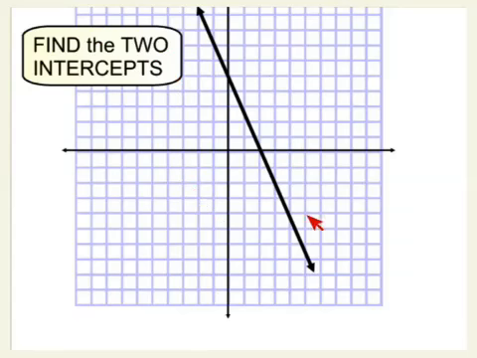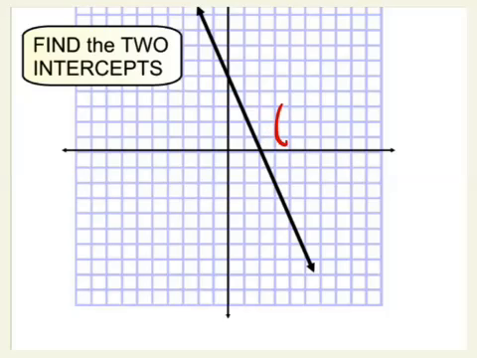Here we see a screen with a grid. We see a function on here. It's a function, an xy machine of some sort, and it has two intercepts. You see it hits the y-axis here and the x-axis here. We can write those intercepts as an ordered pair.